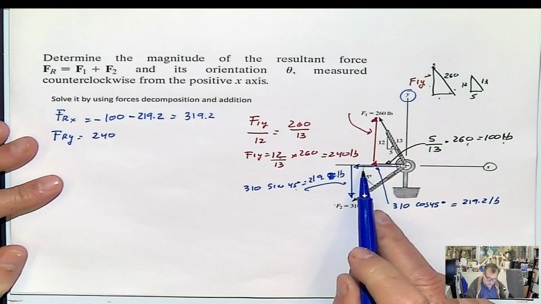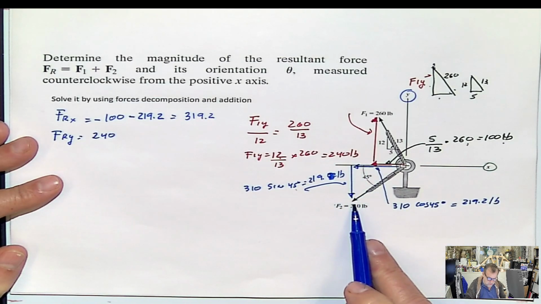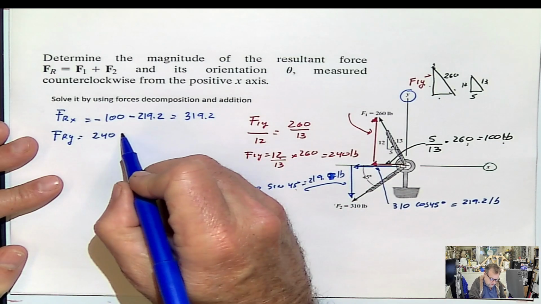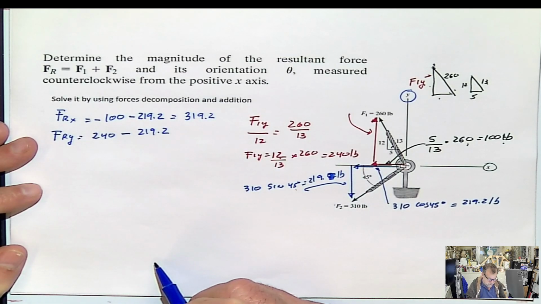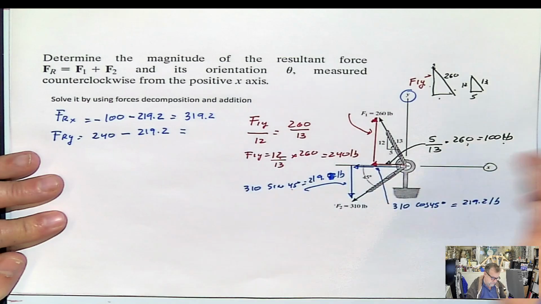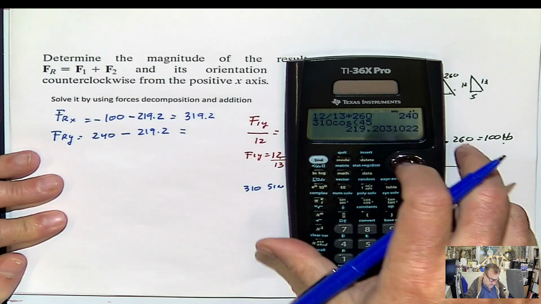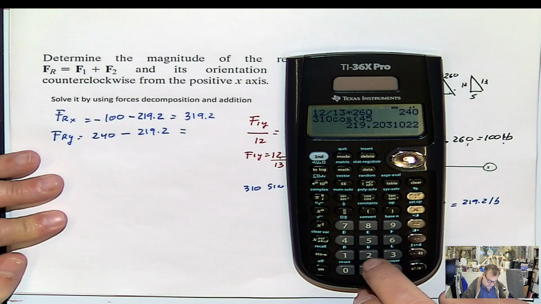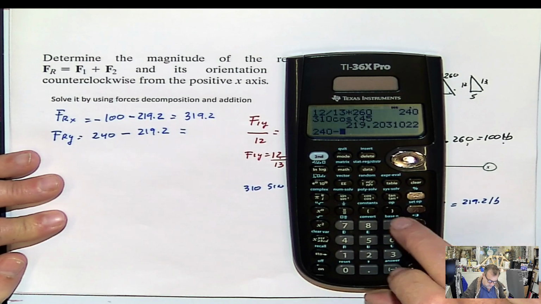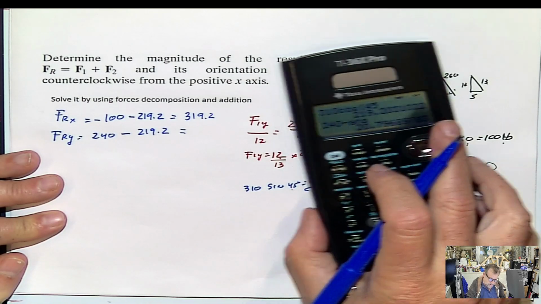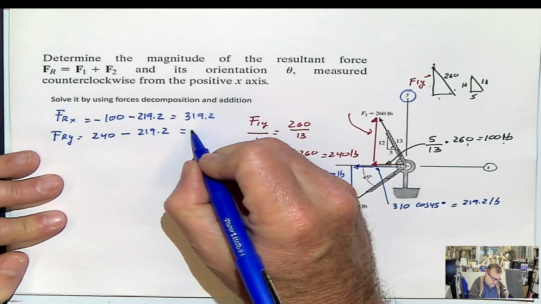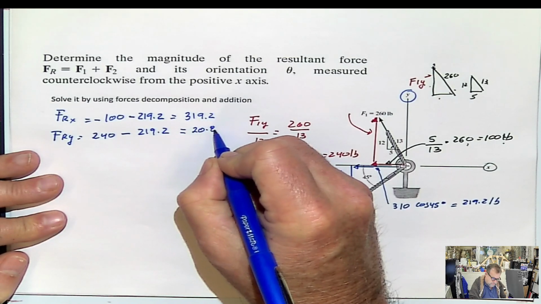And then this other one here is pointing down, so that means that will be negative, minus 219.2. And that is 20.8, but let me do it anyway. 240 minus the previous value, 20.8 in the positive direction.